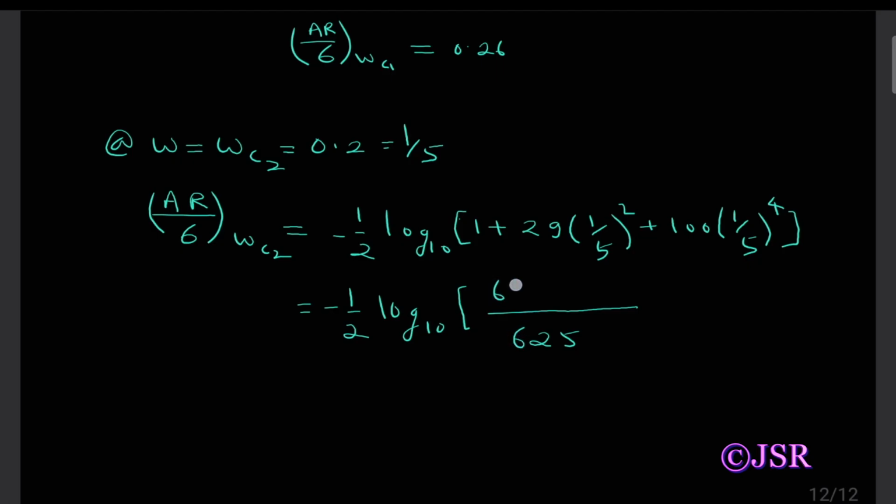So this will be 625 plus 29 into 25. 25 into 29 will be 725, and this is 725 and this is 100.